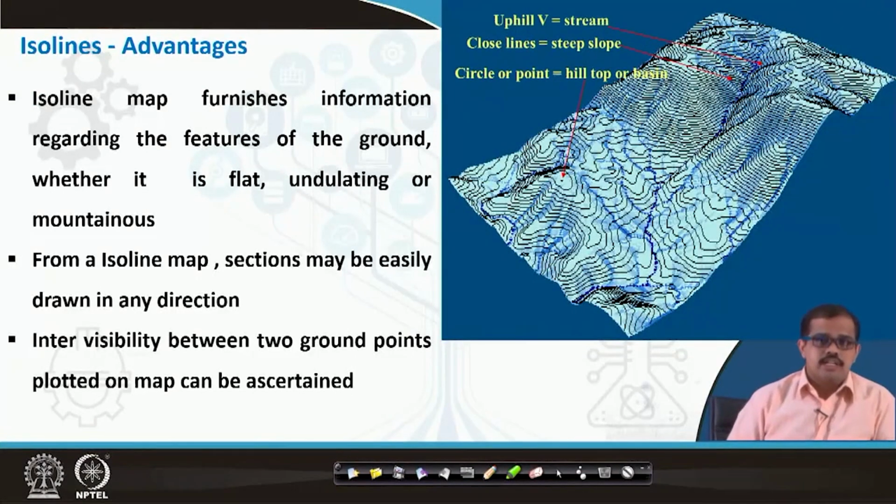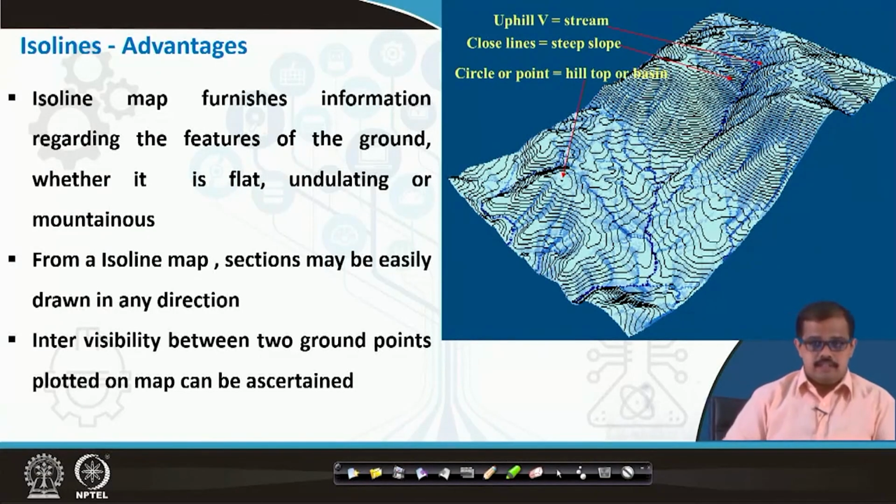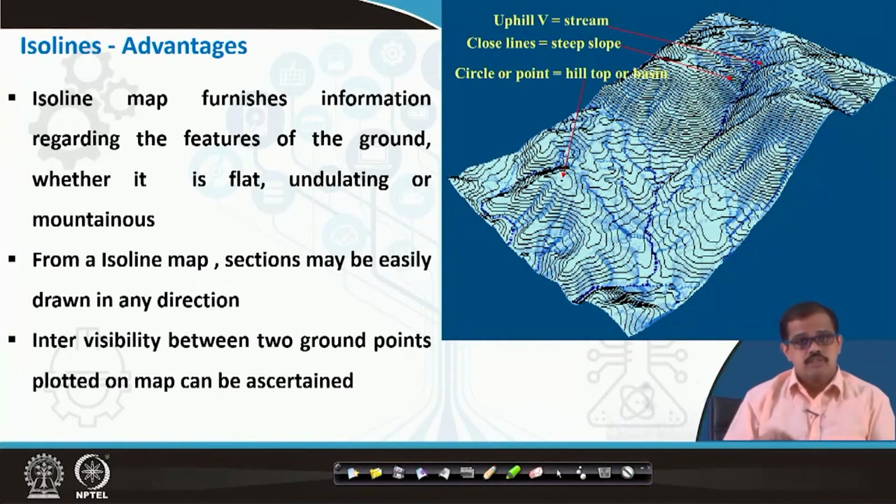Okay. When you look at other advantages, it furnishes information regarding the features on the ground, whether it is flat, undulating or mountainous. I gave you an example in the previous slide: if the isolines are in increasing fashion, then it is a hill. If they are in decreasing fashion, then it is a depression. So similarly, the isoline map furnishes information whether it is flat, undulating or mountainous.